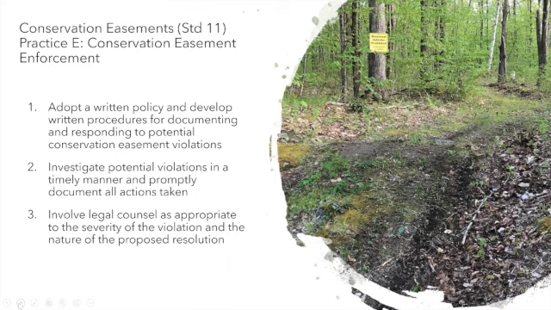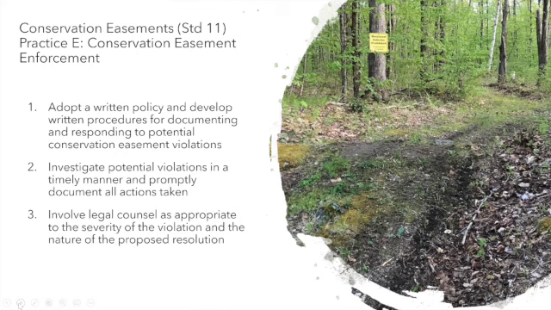To me, it can be really helpful to have a policy and procedure for investigating and resolving violations. Hopefully your organization encounters these situations infrequently, and so having a policy and procedure can regularize that if you're not doing it every day. It allows the organization to be consistent and objective.